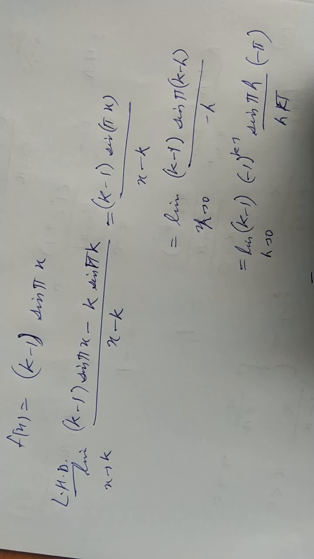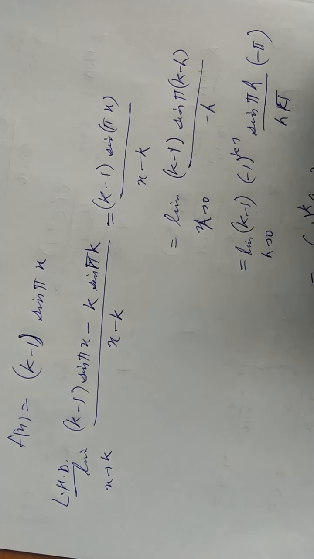So this would come out to be (minus 1)^k into (k minus 1) into pi.